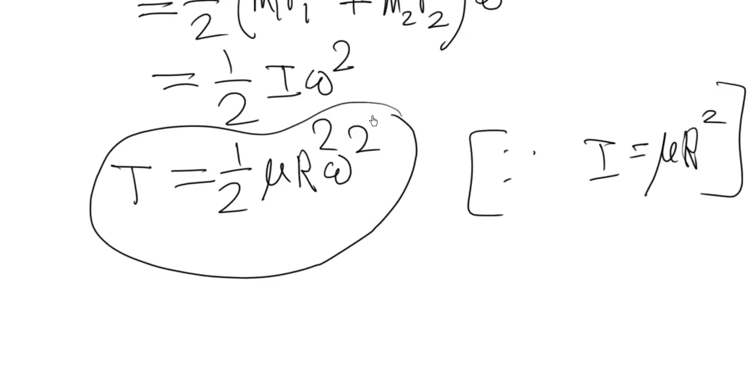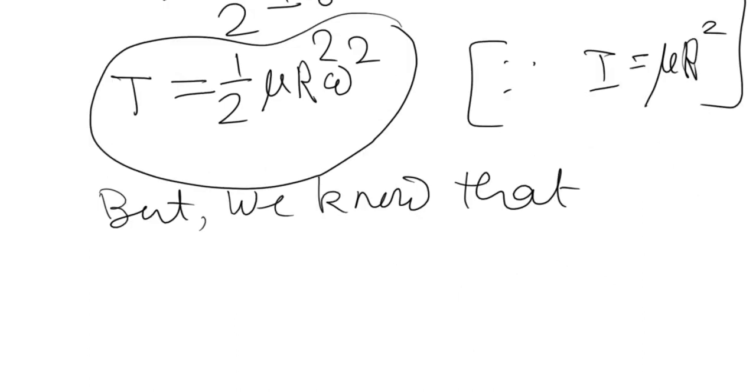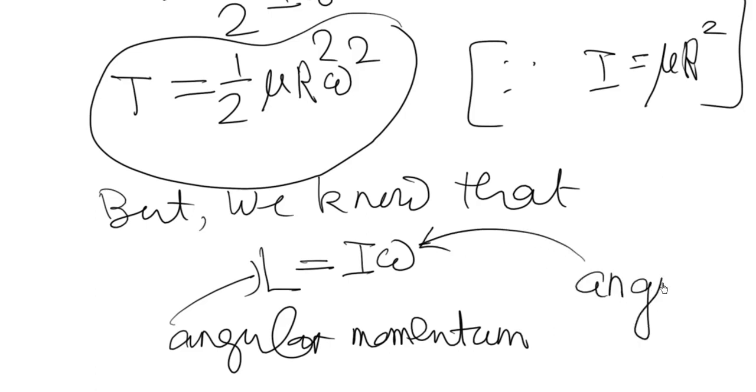Now we know that if capital L is the angular momentum of the system, this is a relation from introductory classical physics: angular momentum is equal to I into omega, where L is the angular momentum, omega is the angular velocity, and I is the moment of inertia.